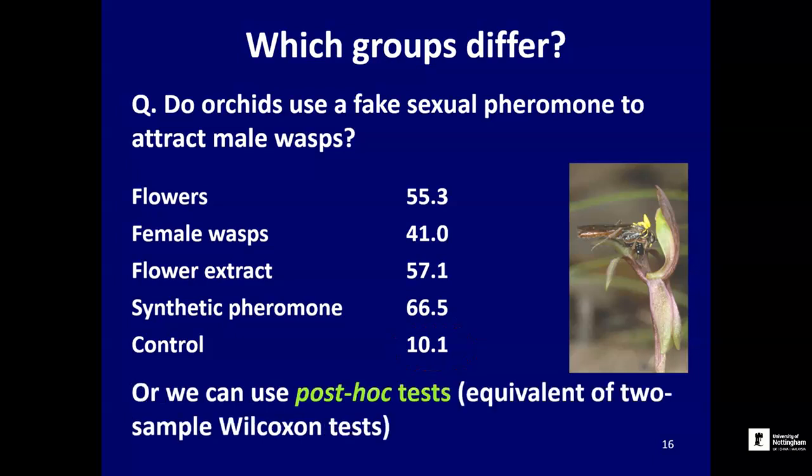But if we want to go further, we could do post hoc tests, and we've already met these for analysis of variance. I'm not going to go into any more detail about them, but effectively in a non-parametric situation, they're like doing two-sample Wilcoxon tests, comparing the control, in this case, with each of the other treatments. And the reason they're post hoc tests, not just Wilcoxon tests, is that they need to be corrected to guard against the risk that if you keep on generating lots of p-values from the same data set asking the same question, you're going to end up potentially making a type 1 error more often than you want to.